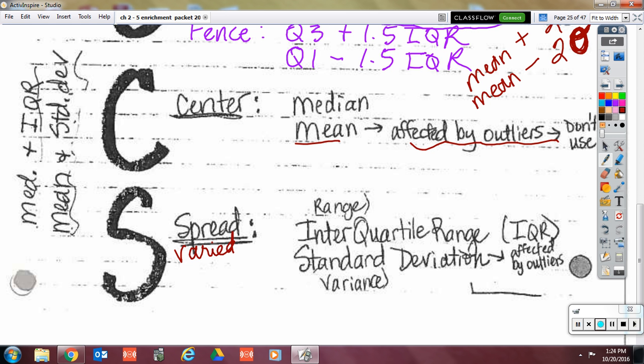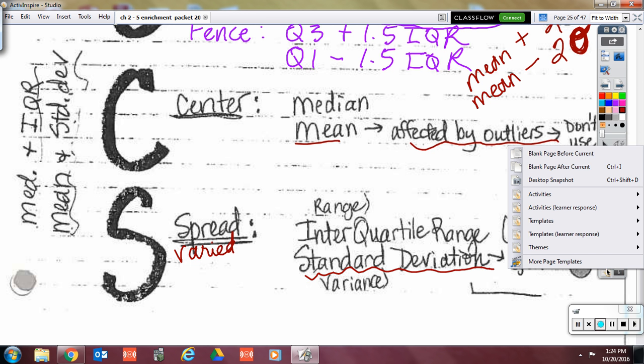But if you recall the other day when we did a standard deviation and we had an outlier of a Prius that had 44 miles per gallon, what did it do to our standard deviation? The Prius that had a way high miles per gallon. It increased. It changed the standard deviation. So the standard deviation is also affected by outliers. So if you have outliers, what should you use? What spread should you use? Median and IQR.